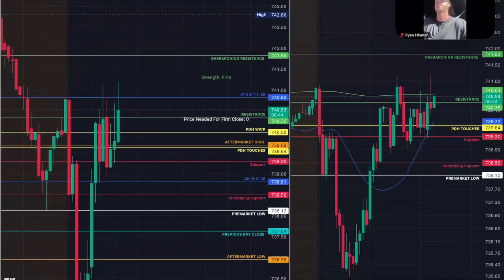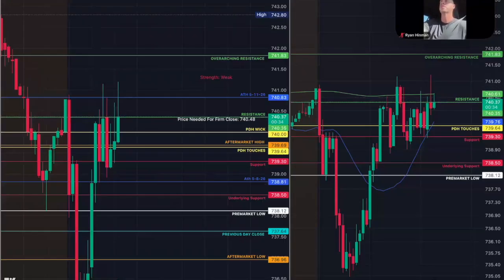Firm closing above our resistance line for calls here. Twenty seconds, team.